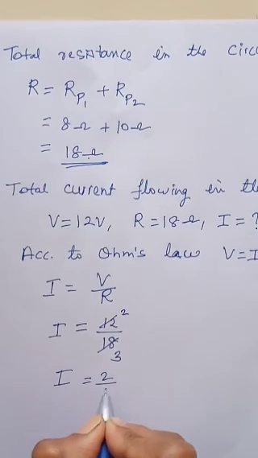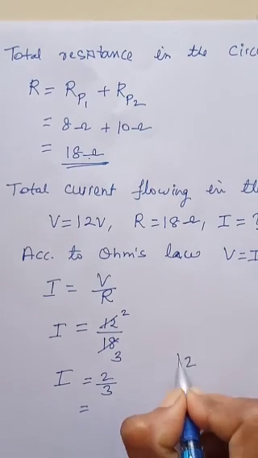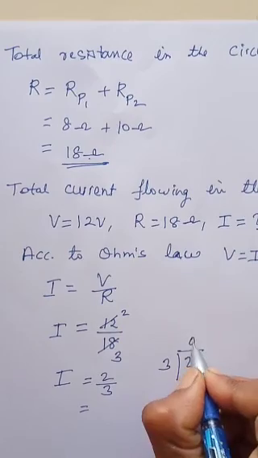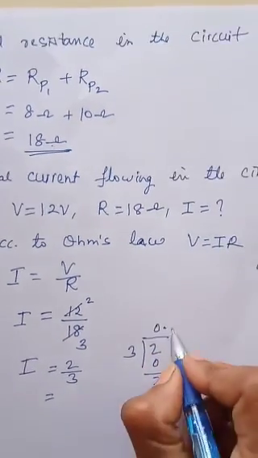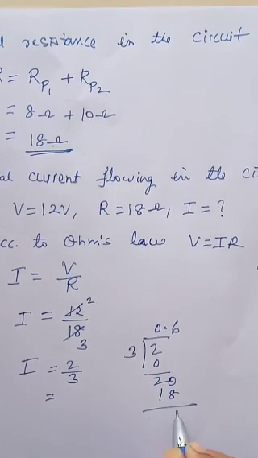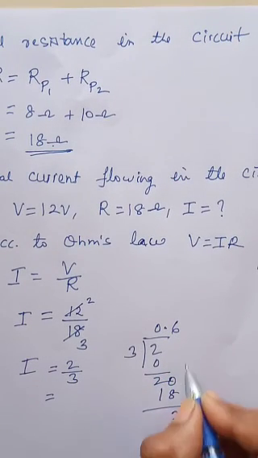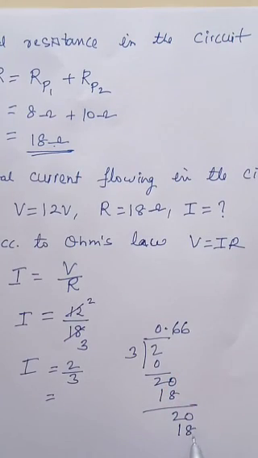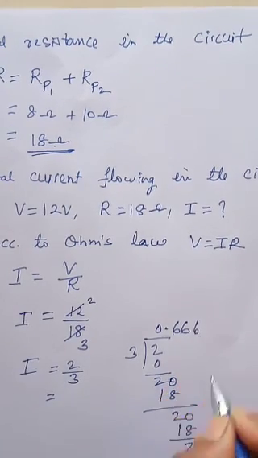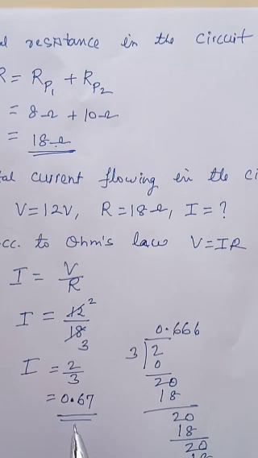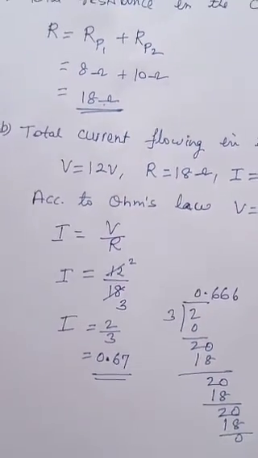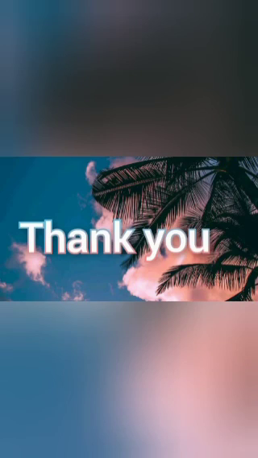Divide 2 by 3. 0, so decimal point 0. 3 6s are 18. 20 minus 18 is 2, again 0, 3 6s are 18, again 3 6s are 18. It is equal to 0.67. Estimate to the second decimal place. It is equal to 0.67 ampere. Thank you, students.